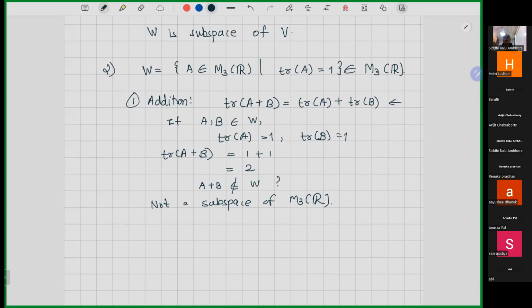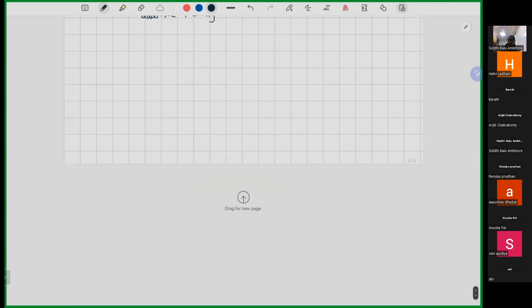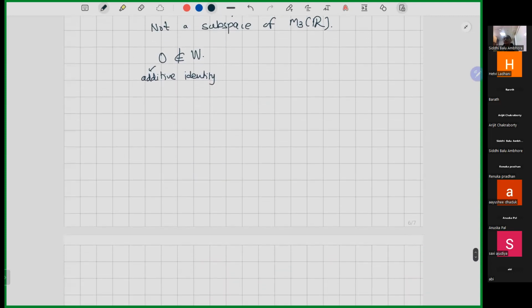The additive identity of this space M3R is a 0 matrix, the trace of which is 0, and in that case this additive identity 0 doesn't belong to W. Okay. So this anyway is not a vector subspace. So that is also a good catch, that we first check whether the additive identity belongs to W or not, and we can clearly say that it is not a subspace of set V.